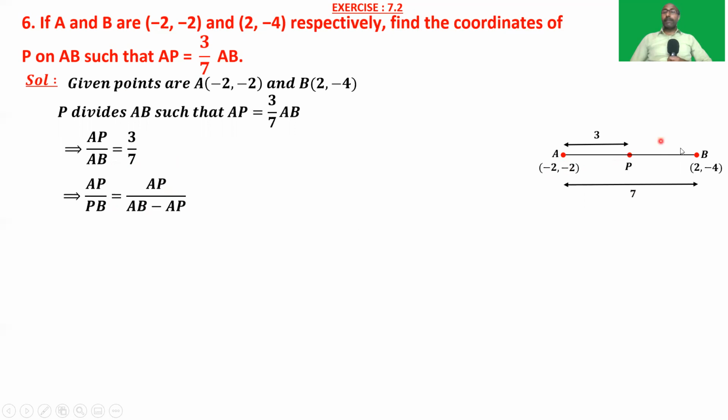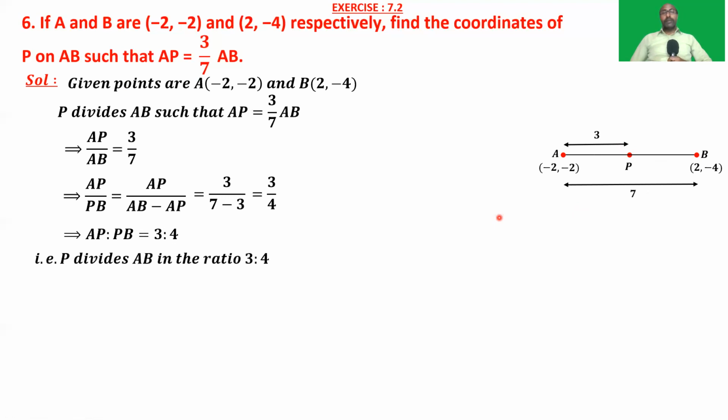PB is equal to AB minus AP. So AP is 3 parts and PB is 7 minus 3, 4 parts. So AP by PB is equal to 3 by 4. That means P divides AB in the ratio 3:4.